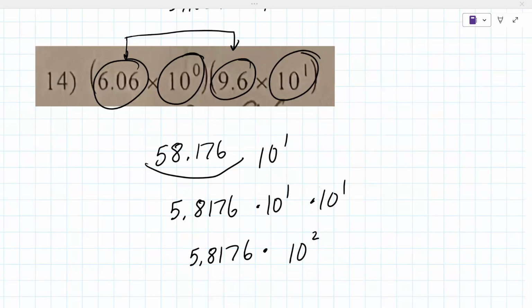Okay, so the multiplication, hopefully you've got a better handle on how to do that, and we should then move on.